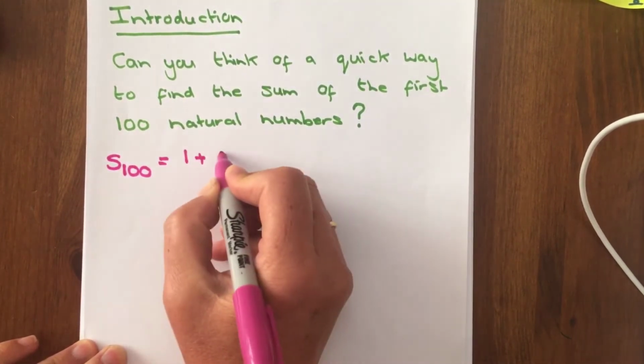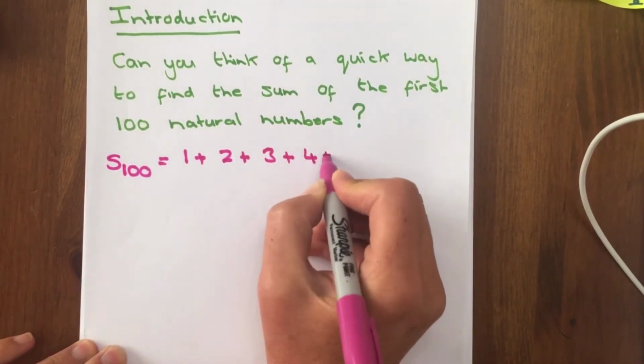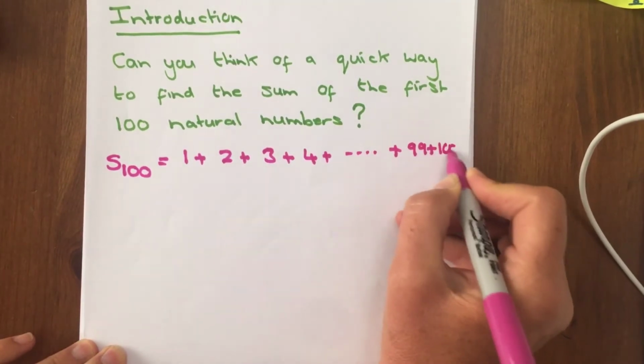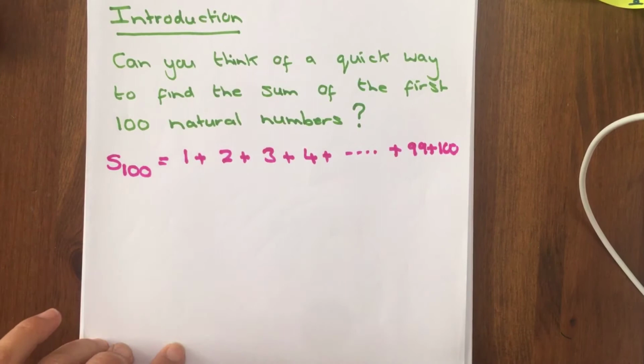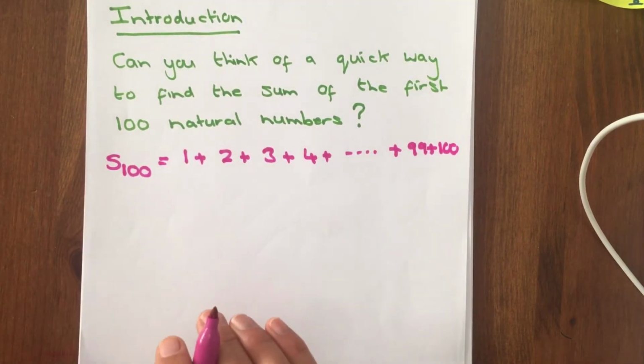We write it like this. So you can see it's an arithmetic progression going all the way to 100 with the common difference 1 and first term a.